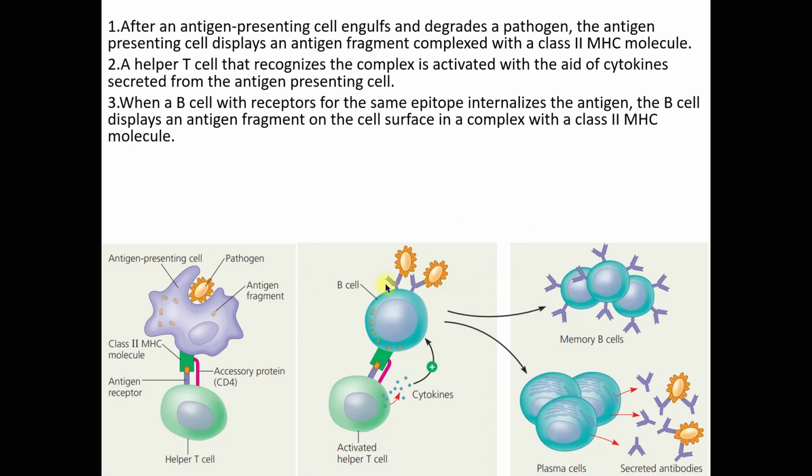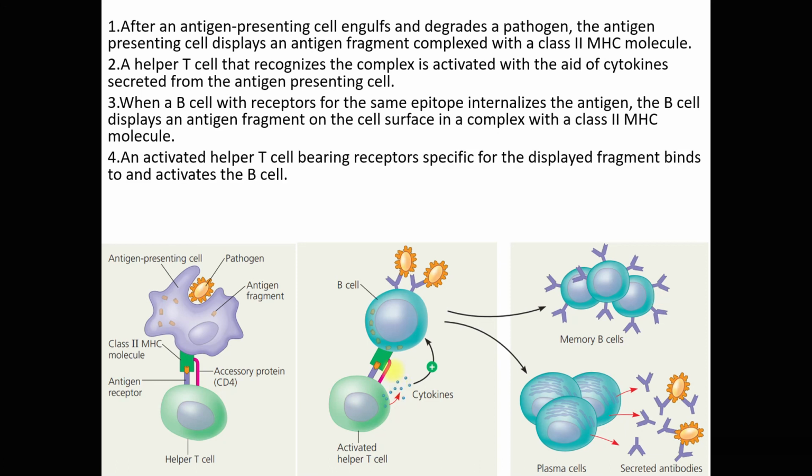All right. Now, the second condition: after the B cell has displayed the antigen class 2 MHC complex on its surface, this B cell must receive cytokines or interleukin 2 from the activated helper T cell.